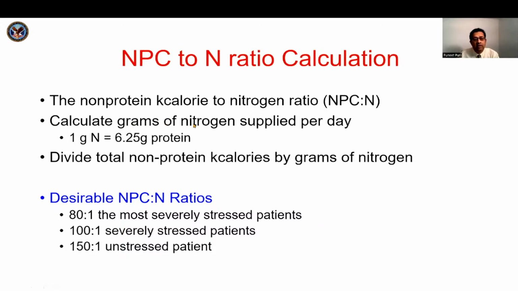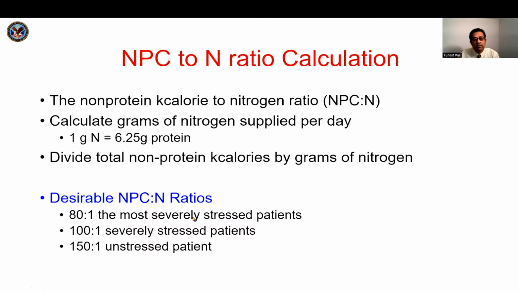This is calculated with 1 gram of nitrogen equal to 6.25 grams of protein. So calculate the grams of nitrogen supplied per day based on the amount of protein. Similarly, take the non-protein kilocalories, and then divide that by grams of nitrogen. And then you get the ratio.